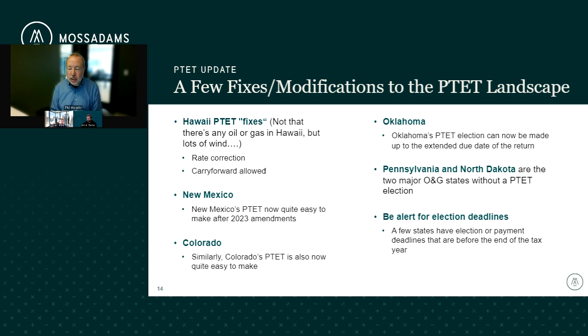The last item worth noting is along those lines of that Oklahoma change. Do be aware of those election deadlines. In some states, you have either a payment deadline that has to be made early during the tax year, or sometimes June of the tax year.